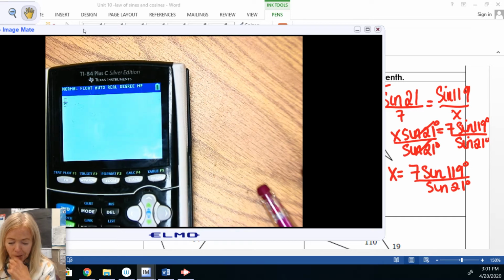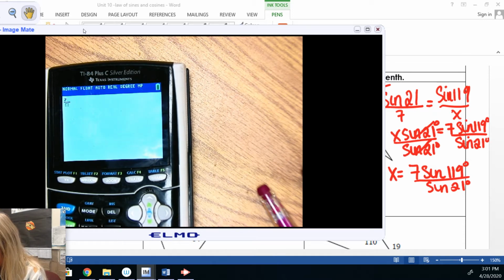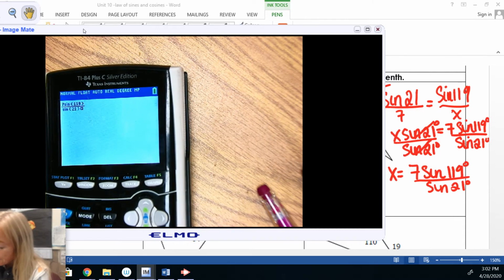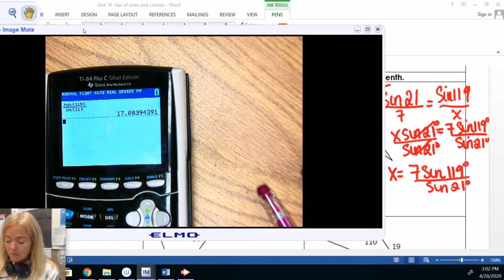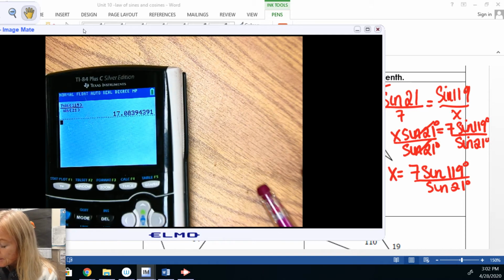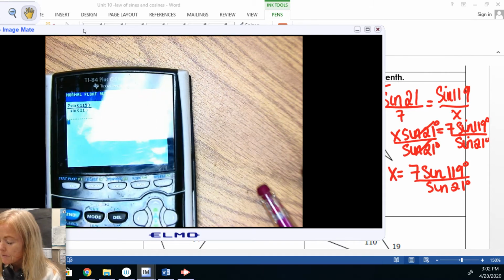Hopefully you can run and grab a calculator like the one we use in class all the time. And then you can do 7 times the sine of 119 on the top over the sine of 21. And that way you won't mess anything up and everything will be right when you're done. That is 17.084.